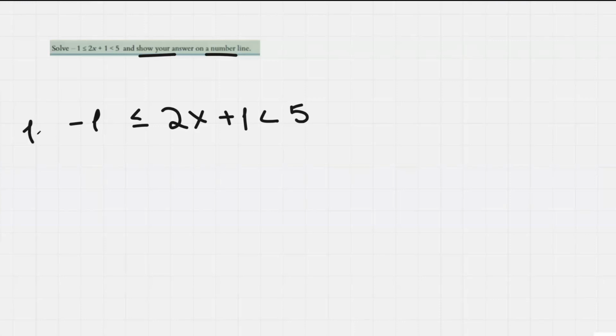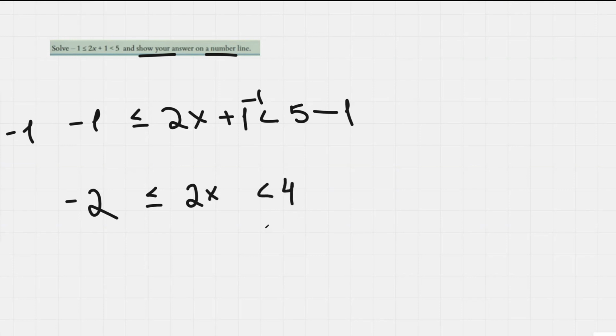So negative 1 and negative 1, the 2x plus 1 and negative 1 here, and then 5 minus 1. So negative 1 minus 1 is negative 2, which is less than or equal to 2x, which is less than 4.